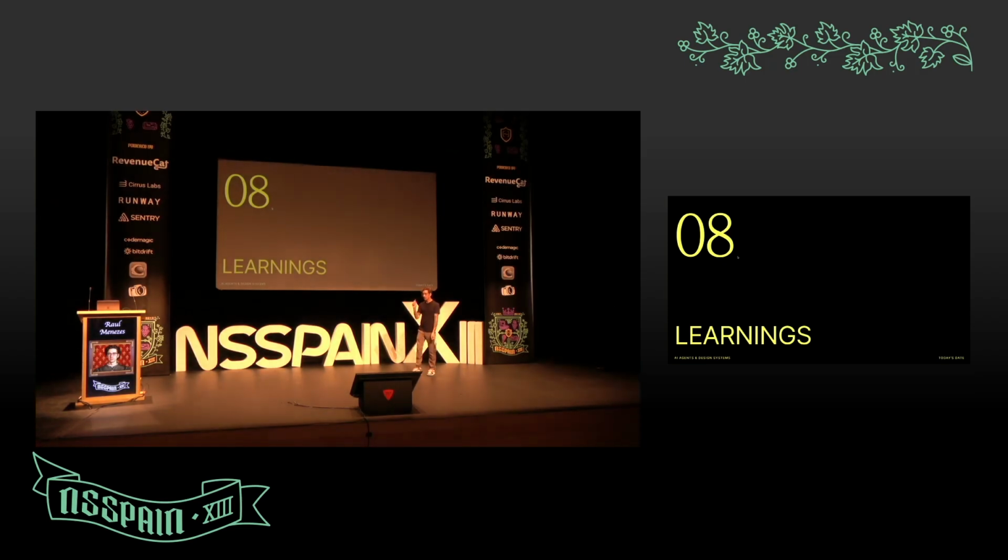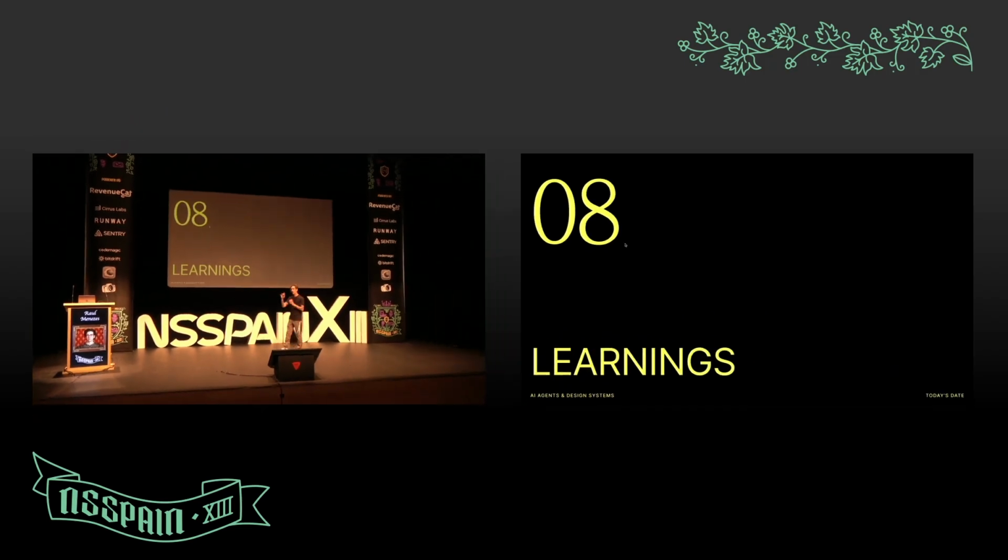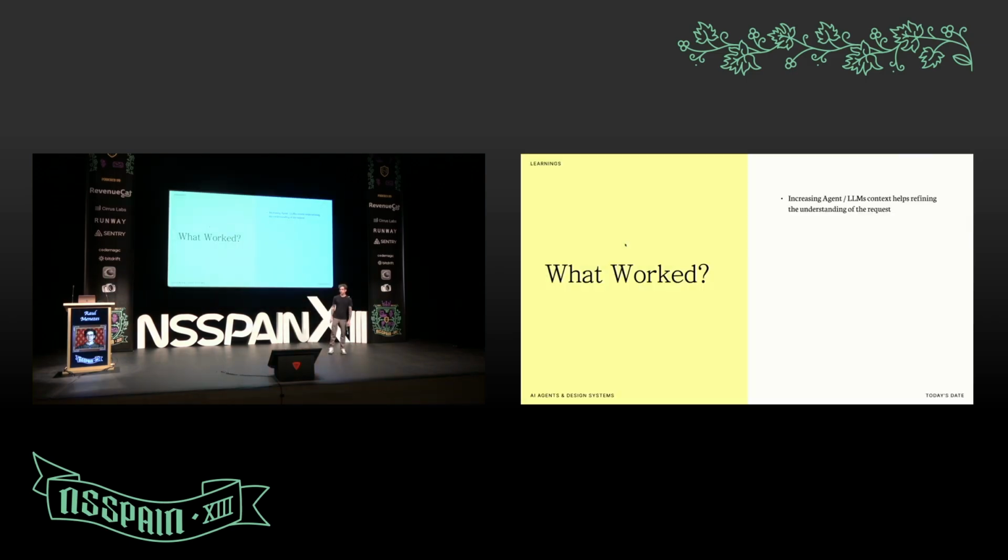So, what are the learnings that I had on this path trying to figure this out? Because we get asked every day, can you ship something fast? Can you ship UI? Can you prototype? Why doesn't this work? And putting all this together, it gave me some really good learnings. Increasing the context actually gives better output, but it also reduces the context window, so you might hit hallucination at some point.